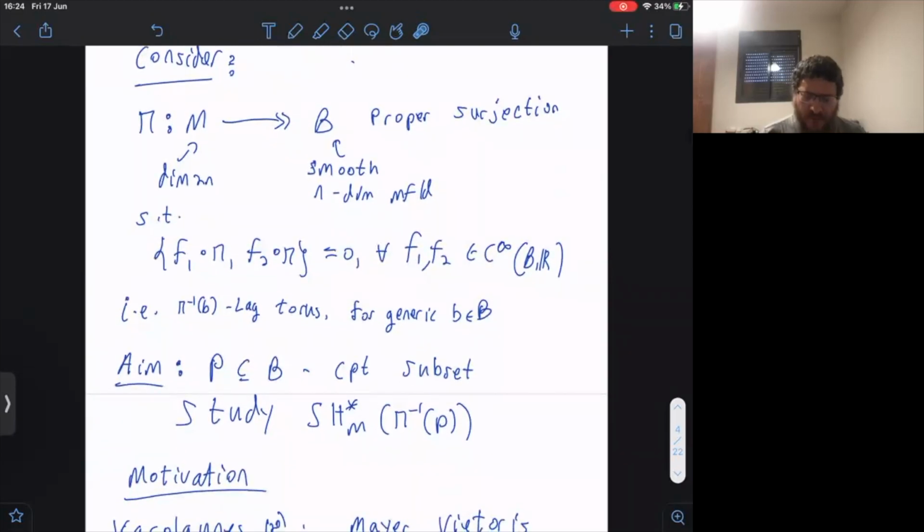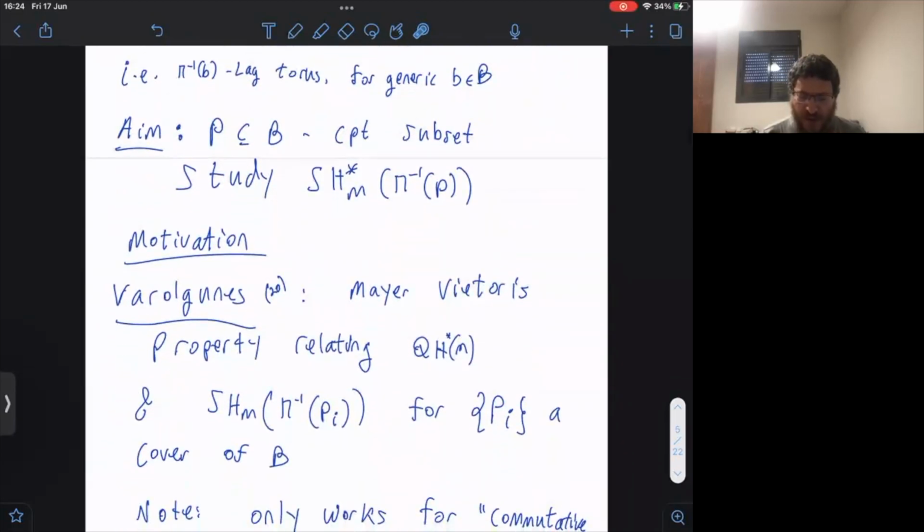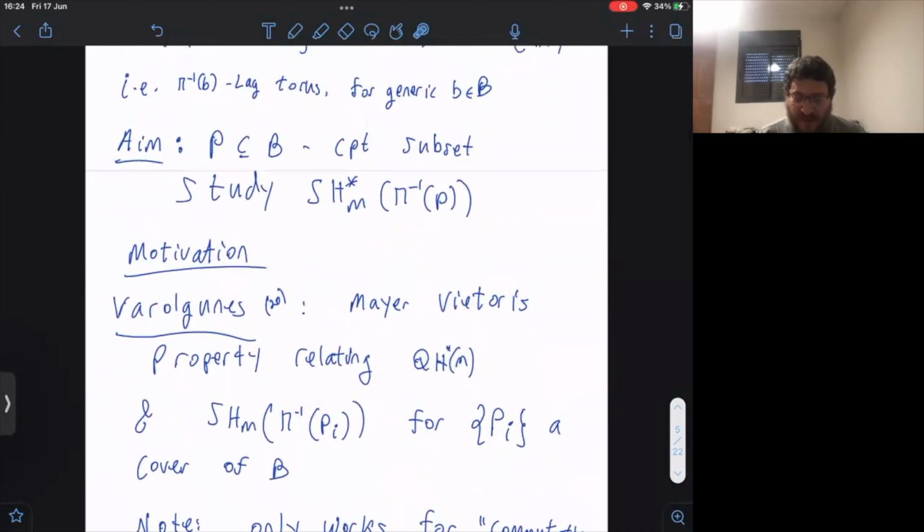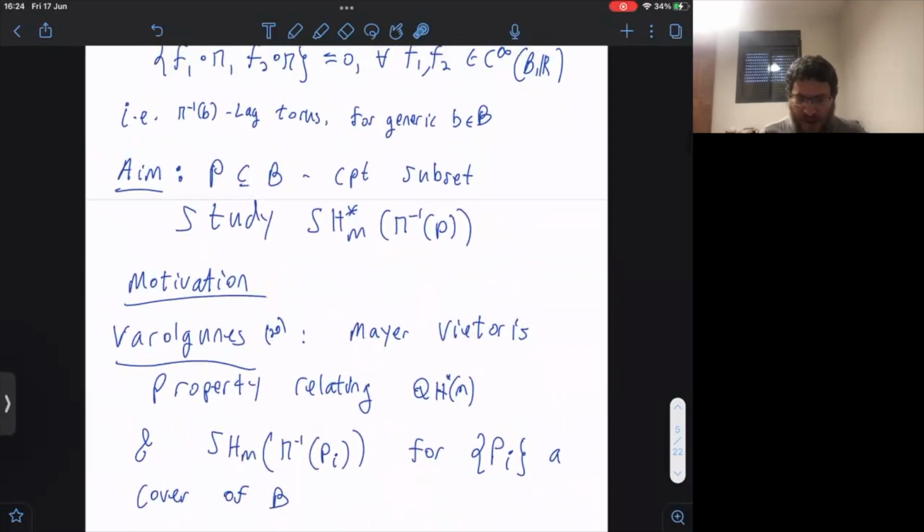Okay. As a little bit of motivation, I will mention a result by Varolgunes, which says that in this kind of setup where you have a cover of M by subsets such as these, which are pulled back from the base of a Lagrangian torus fibration, then there is some kind of Mayer-Vietoris property which relates a global Floer theoretic invariant, say quantum cohomology, with these invariants which you associate to elements of such a cover.